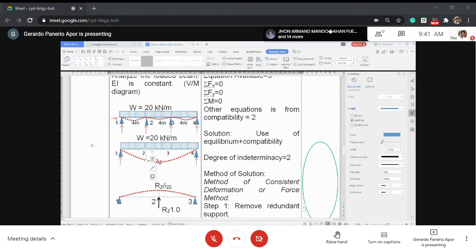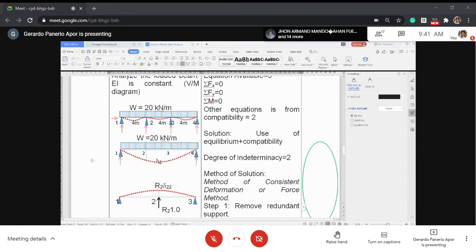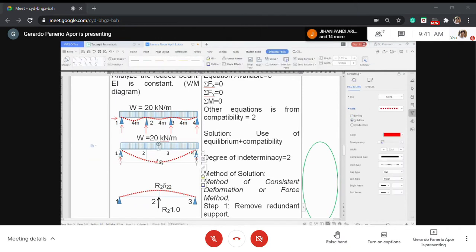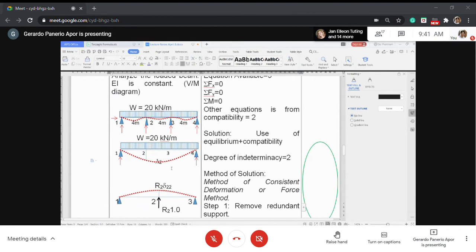Ang tawag na niya, of course, kung ang point 2 man, so we call that delta 2. Okay? So, may tawag itong sa delta, sa 3.